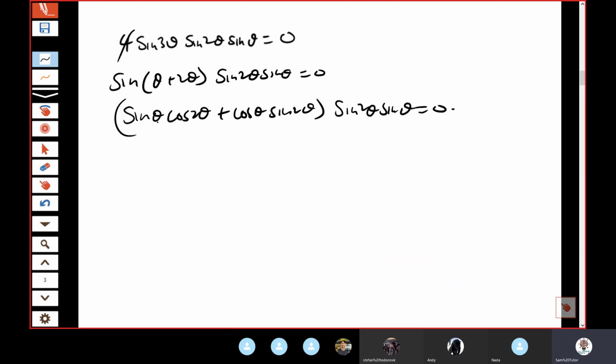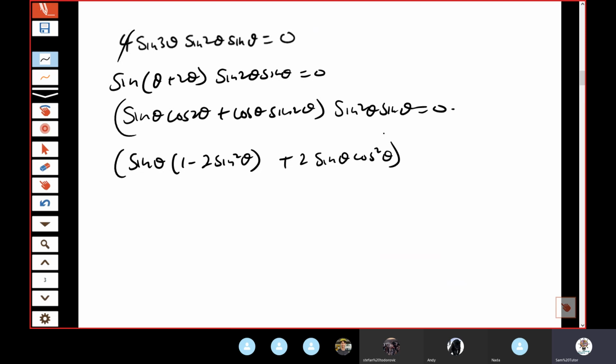I don't know if I'm liking this, but it is what it is. Cos 2 theta is 1 minus 2 sine squared. Sine 2 theta is 2 sine theta cos theta, times cos is 2 sine theta cos squared.